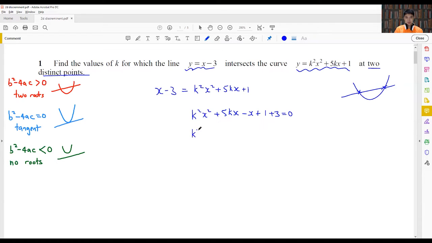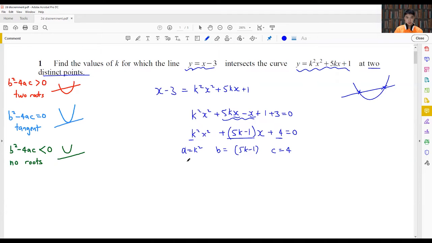In this case, it's going to be k squared x squared plus (5k minus 1) bracket x. We factorized out the x from this whole part, and plus 4 equals 0. From here, identify that a equals k squared, b equals 5k minus 1, okay, and c equals 4.